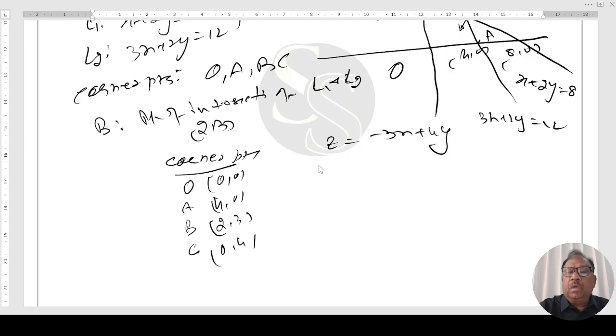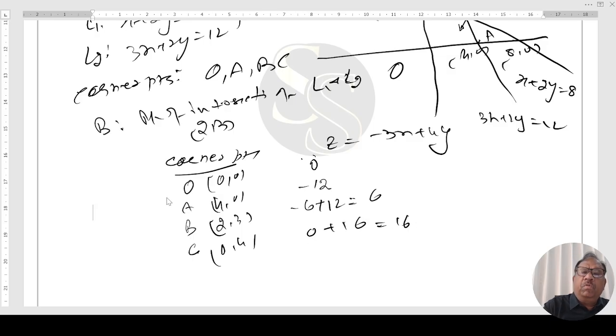पुट किया इसमें आंसर z is 0. पुट किया minus 12. पुट किया minus 6 plus 12, 6. पुट किया 0 plus 16. That is 16. So we have to minimize the objective function.